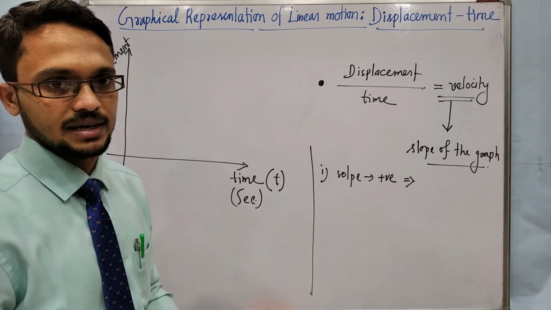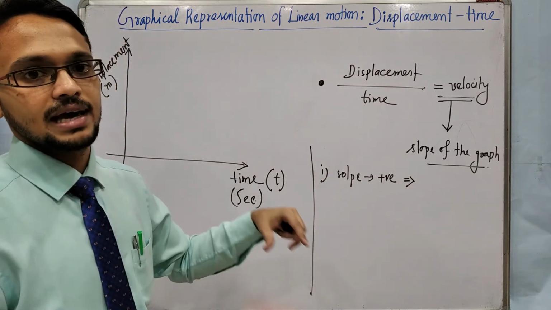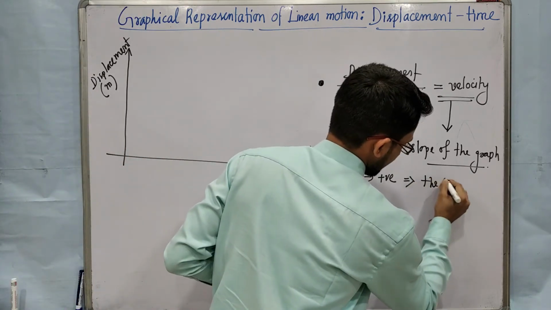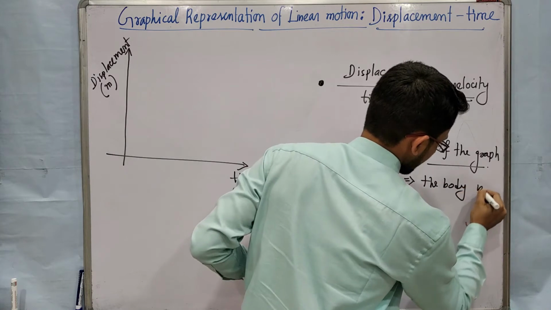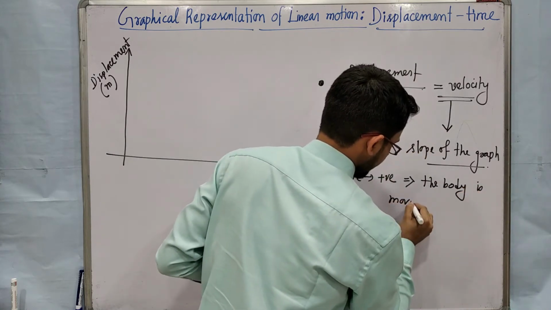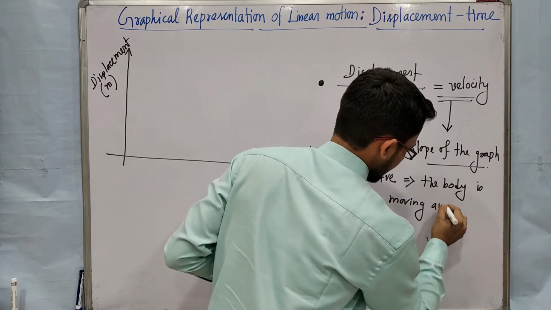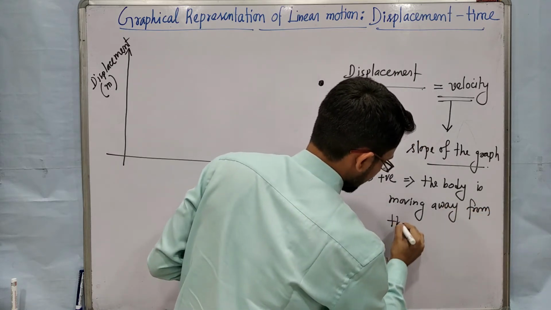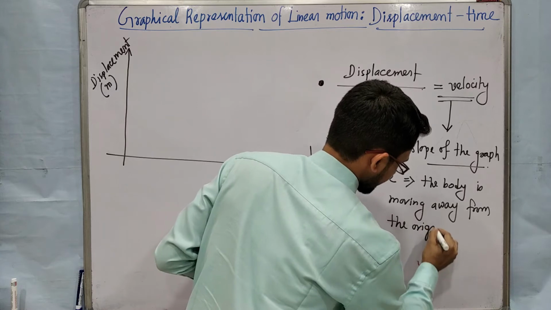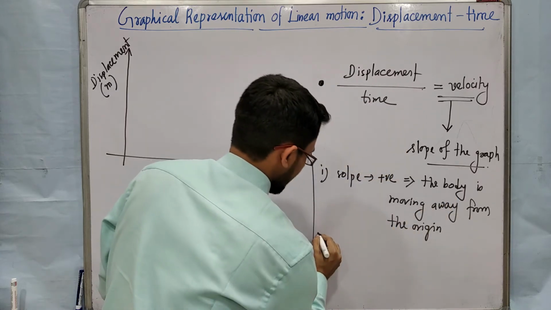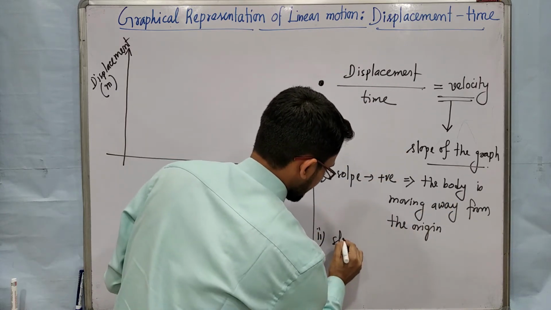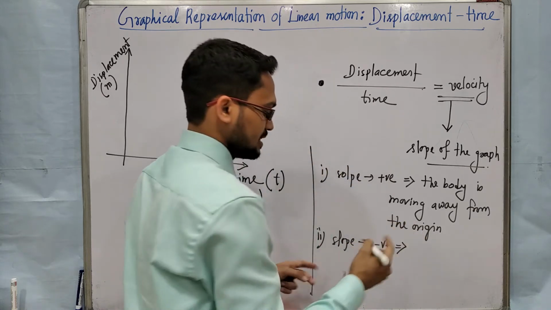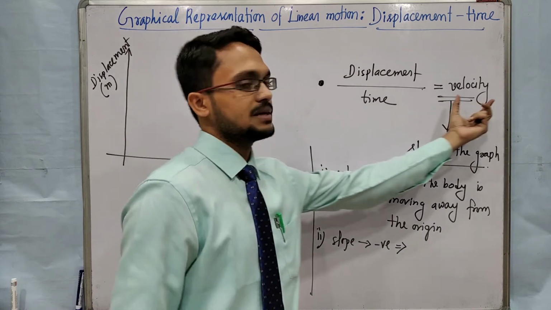Slope is positive means the body is moving away from the origin or reference point. And second one is slope negative. That means velocity is negative.